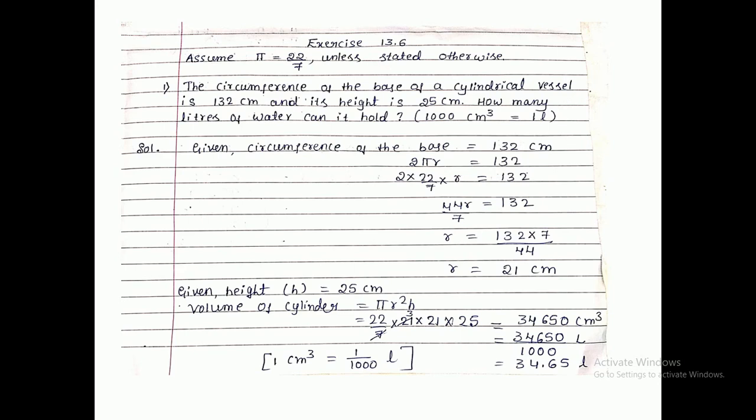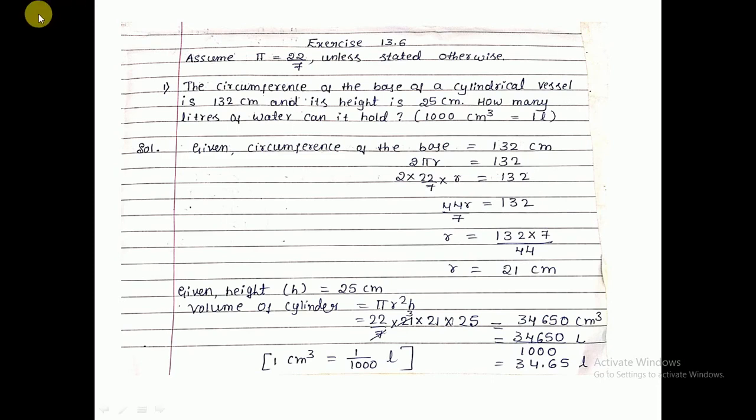For that they have given one hint: the circumference of the base of a cylindrical vessel. The base of the cylinder is circle shaped, and circumference is 132. So using that, we have to find out the radius. Then height is given. Then what we have to find? Volume of the cylinder we have to find.